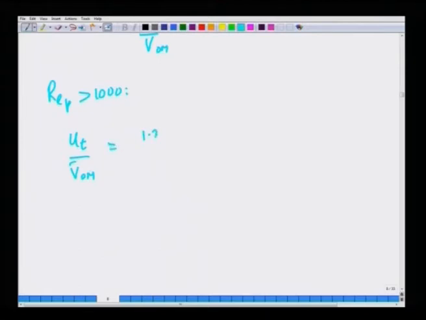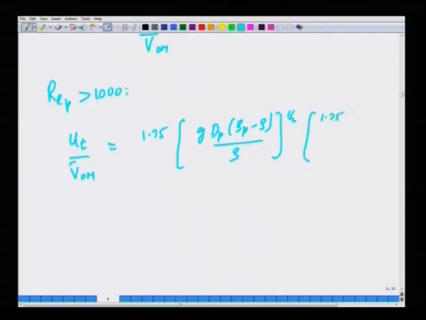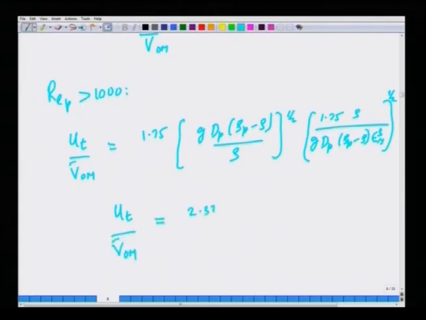Then you will get 1.75 times g times (rho_p minus rho) by rho to the power half. So, u_t by V_om is equal to 2.32 divided by epsilon_m to the power 3 halves.